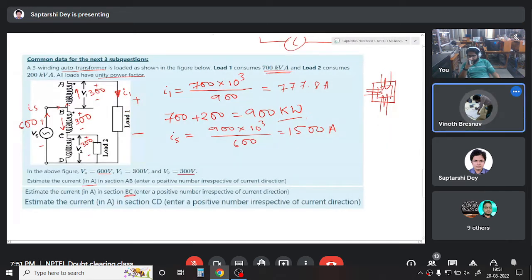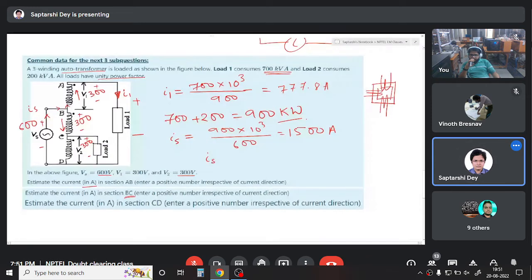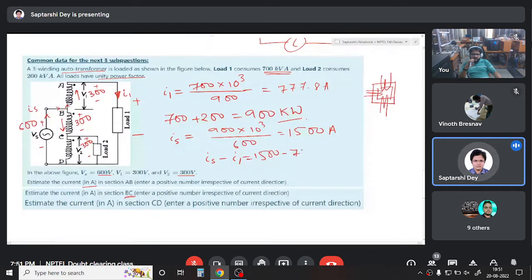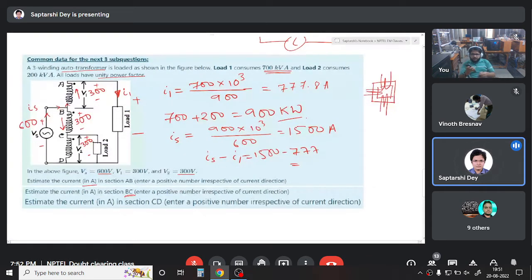IS minus I1, sir. So basically IS is going in two different parts. So you have 1500 minus 777 ampere. Whatever you get, that is the answer. Let us not concentrate much on the numbers. Although numbers are important, here we are trying to understand the concepts.